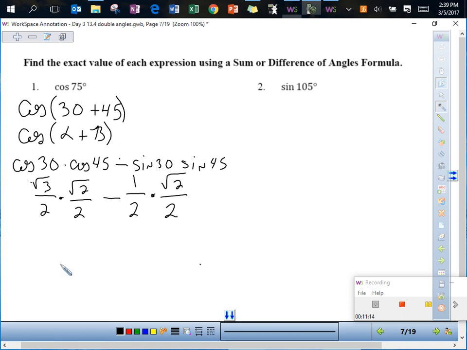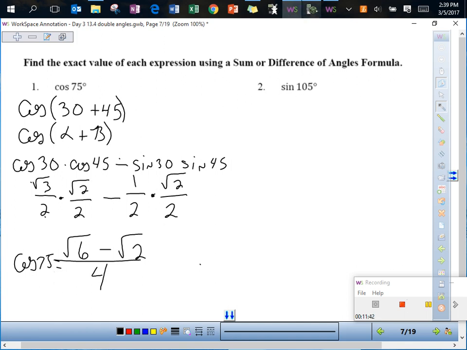Notice that my denominator, 2 times 2 is 4. 2 times 2 is 4. My denominator is 4. Now just simplify your numerator. Square root of 3 times square root of 2 is square root of 6. Minus 1 times square root of 2. There's your answer for cosine of 75 degrees. Radical 6 minus radical 2 all over 4.